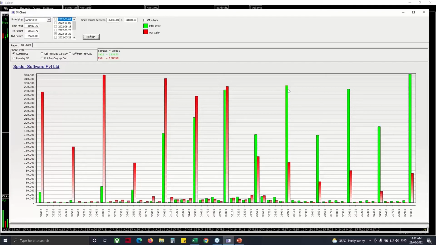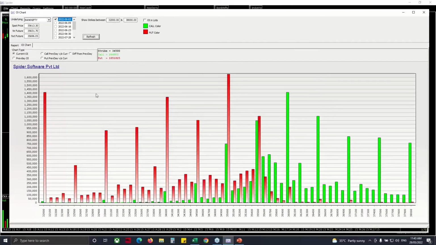Further, 36,000 and 37,000, where there is massive pull, might not go down in a day or two. So when price is reaching this level, how open interest is behaving will give us a clearer idea in what direction the price of Bank Nifty might move as per the open interest of the option chain.